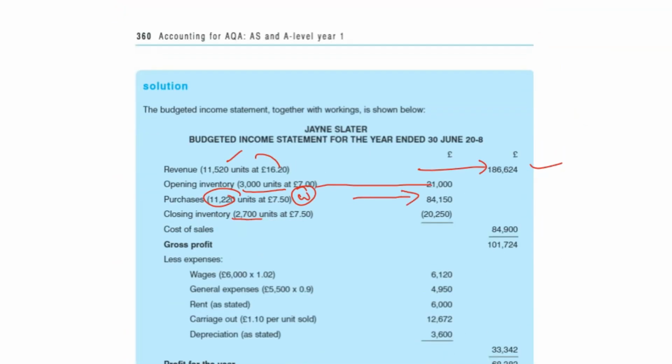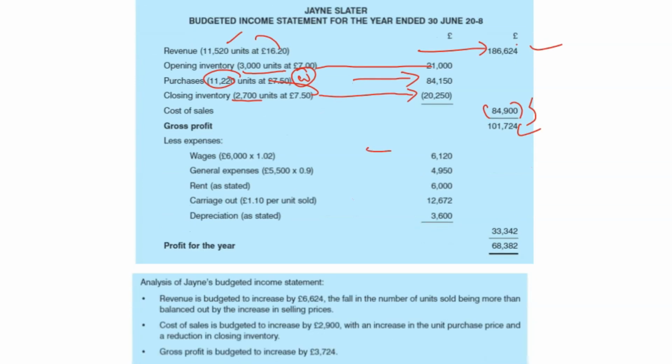And closing inventory 2,700 at the rate of cost price. Do remember that. And that gives you the cost of sales. Sales less cost of sales, you get gross profit. And then all these, we already worked out. Expenses minus, you get profit for the year. And that's how you do an incremental budgeting income statement. Hope it helped, guys.